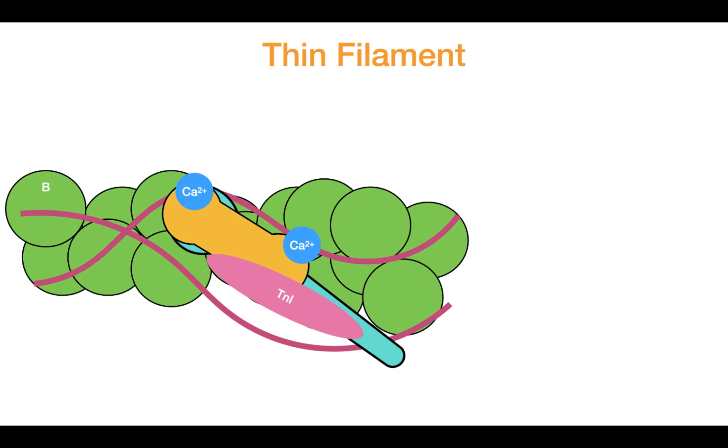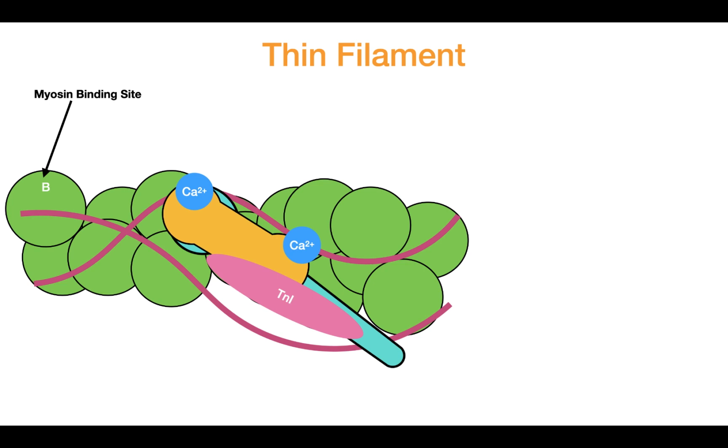Tropomyosin, which we talked about, is a protein that covers up a specific region on actin molecules called the myosin binding site. The myosin binding site is where actin and myosin come and bind together, and when they bind together, this allows the cross-bridge cycle to occur, which therefore allows contraction.